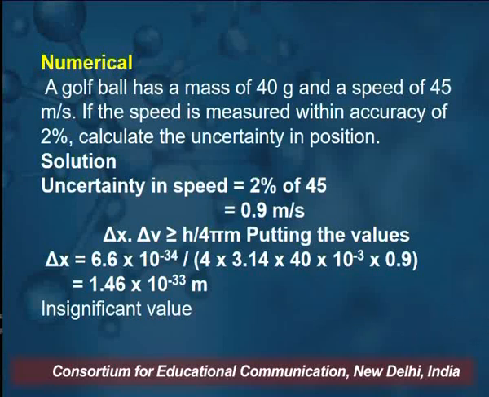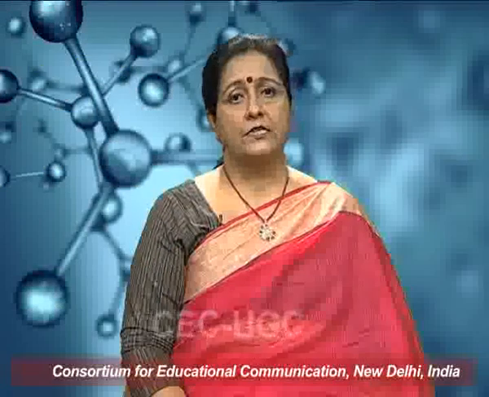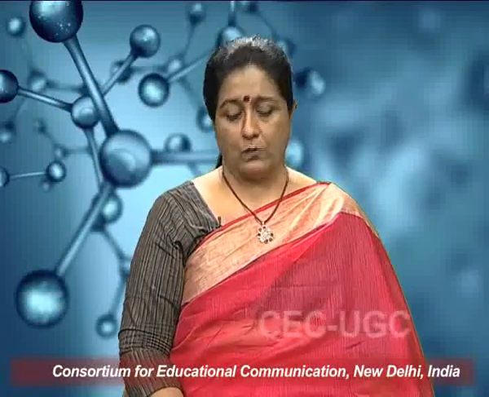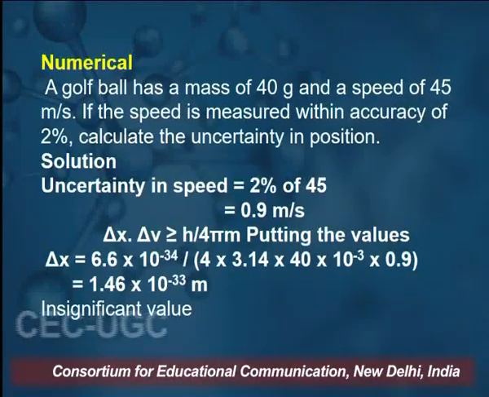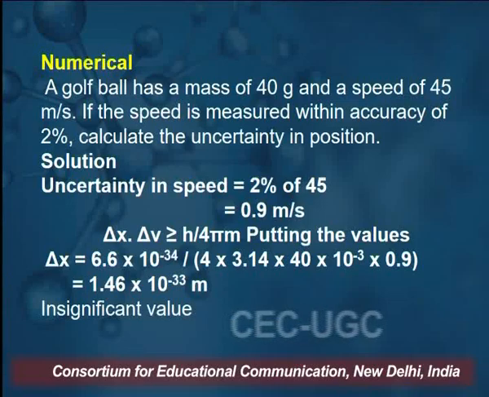Uncertainty in speed can be calculated as 2% of 45, which comes out to be 0.9 meter per second, and when we put these values, we get the answer in the range of 10 to the power minus 33 meters, which is an insignificant value. So we say that the uncertainty involved will be insignificant, and this can be overlooked.